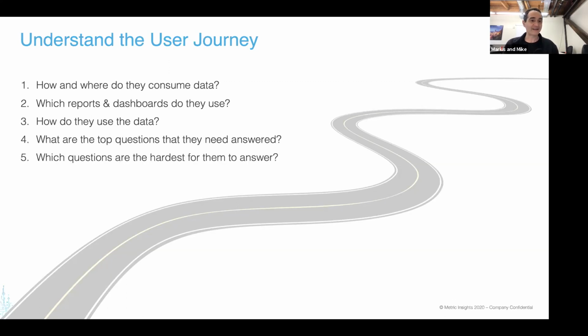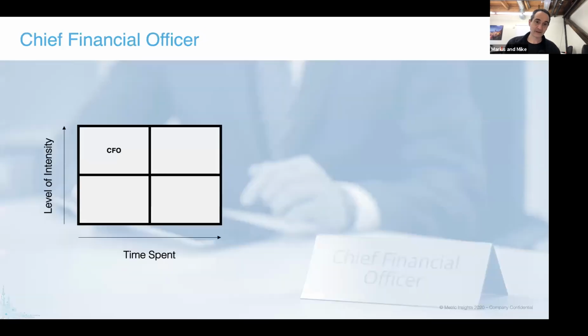And then finally, what are the questions that are hardest for them to answer? What are the challenges where it's not easy to just look at the report and find the answer because there's a little more depth in what they're trying to figure out? Understanding this together with a usage pattern is what's key to being able to then craft a solution. So let's look at some examples.